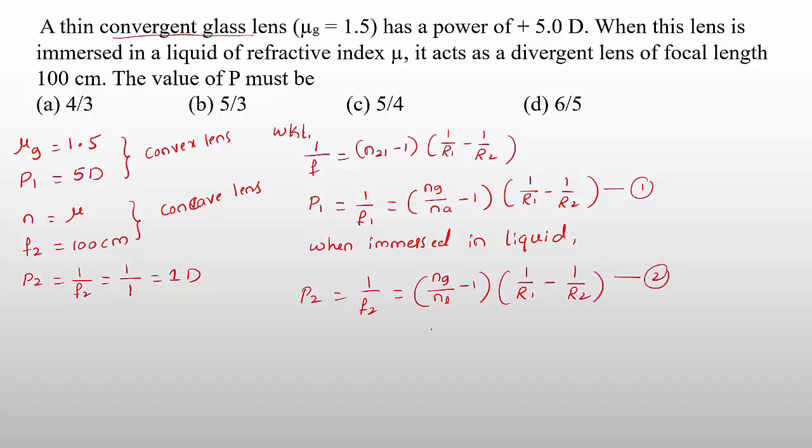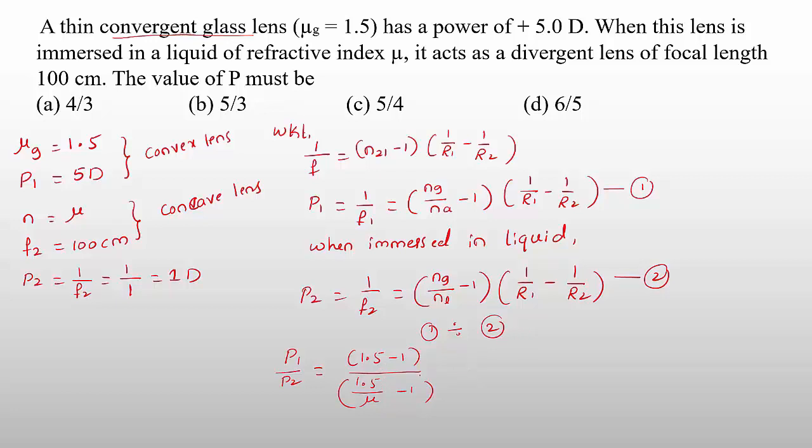Now dividing equation 1 by equation 2, we can write P1 divided by P2 equal to Ng divided by Na minus 1, that means 1.5 minus 1, because Na is 1, refractive index of air is 1, divided by Ng divided by NL, that is 1.5 divided by mu, minus 1. So 1 by R1 minus 1 by R2 will get cancelled.